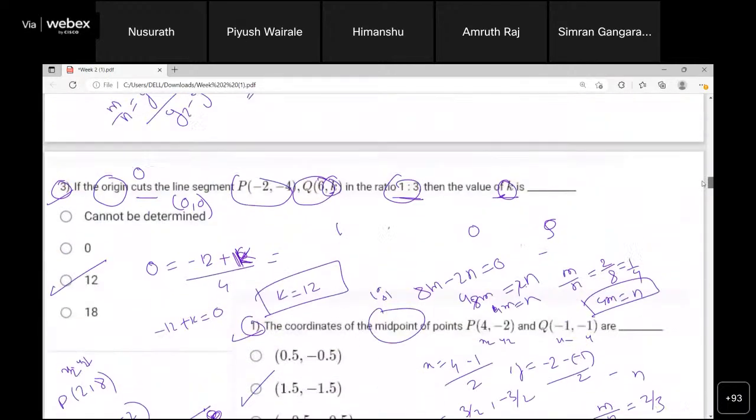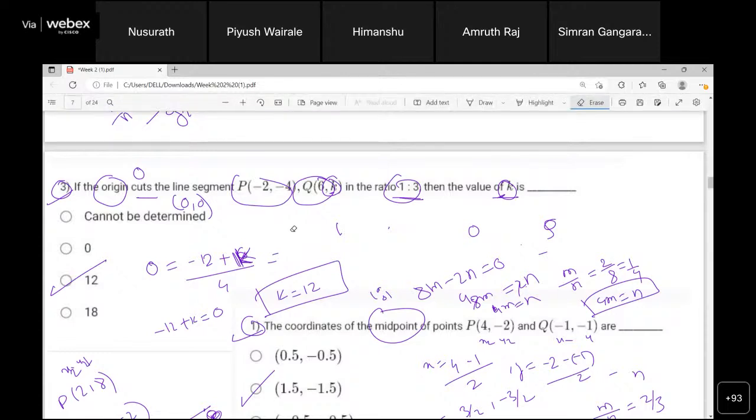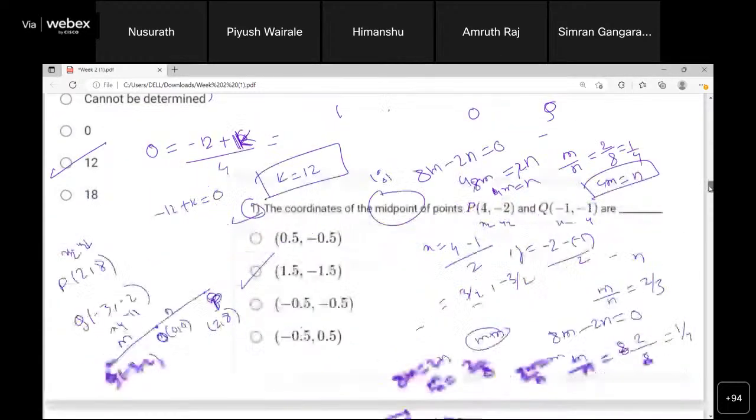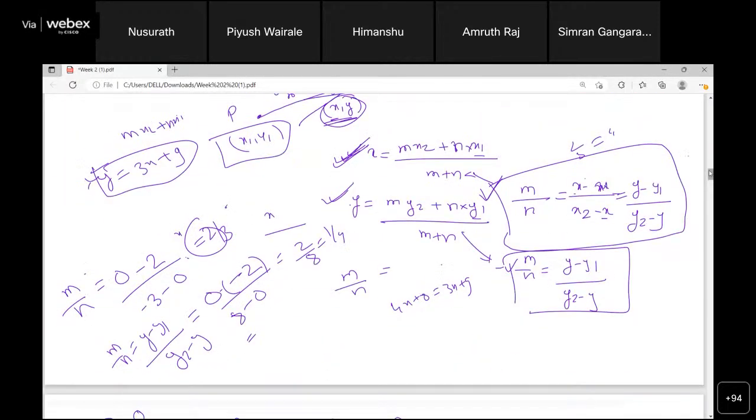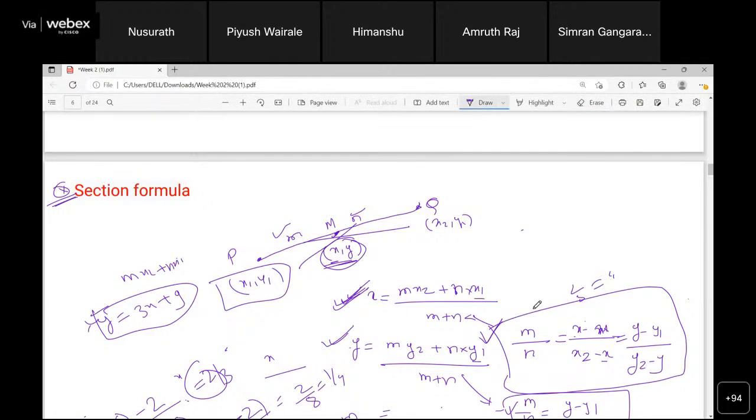Now we are given the ratio 1:3. It is cutting the segment into 1:3 ratio. Directly we can apply the formula. But in the second question, we have to find out the ratio, right? So that's why we need to check for both the conditions. In this case, origin lies in the line, right? Okay.